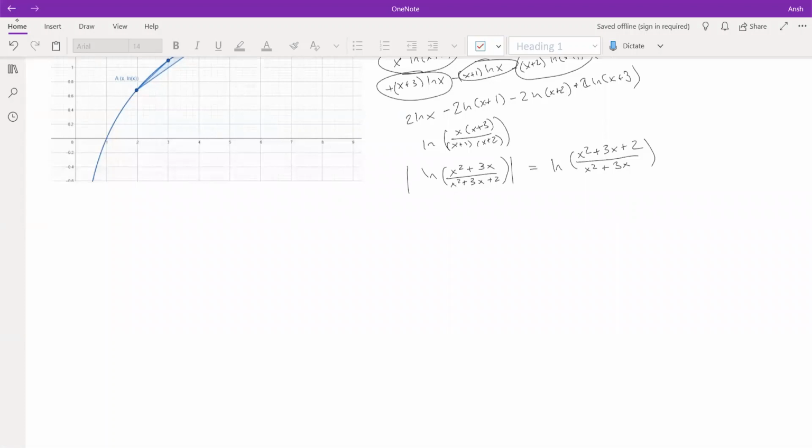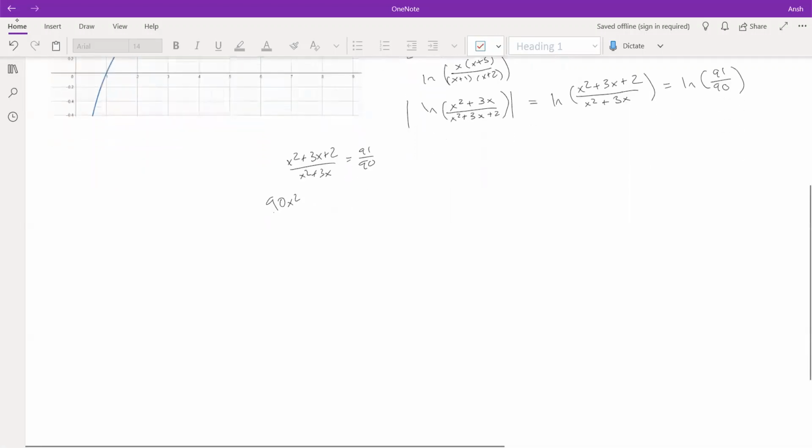Now we know that this equals ln of 91/90, since this is given in the problem. So we can get rid of the ln's, and the 2 insides are equal. When we cross multiply, this becomes 90x squared plus 270x plus 180, when we multiply the top of the first by 90.